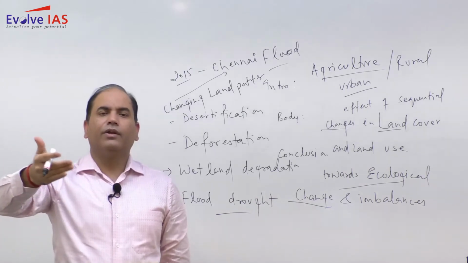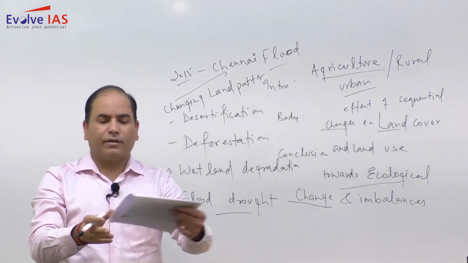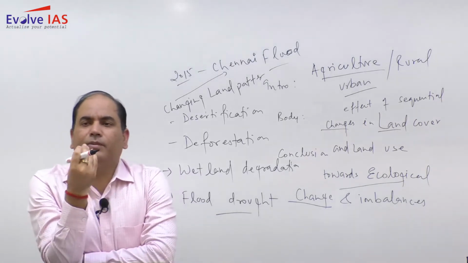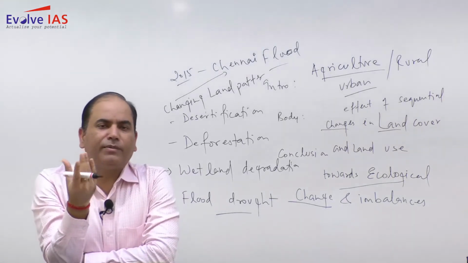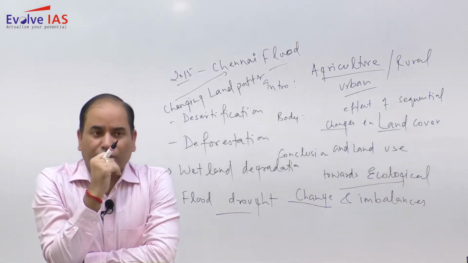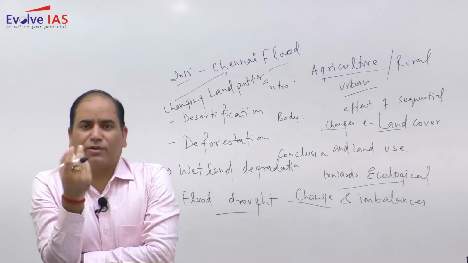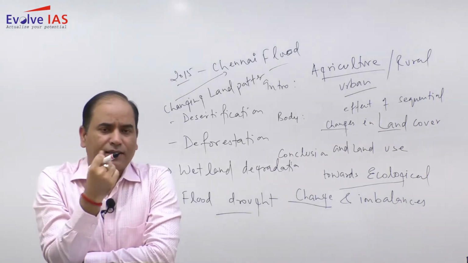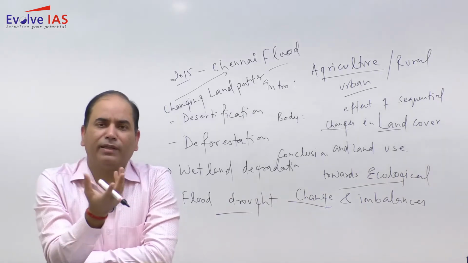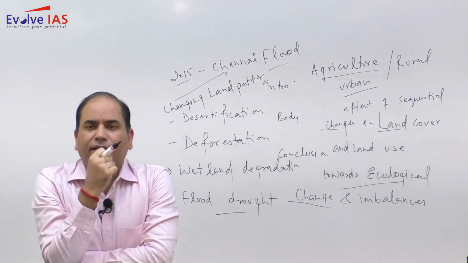Think about why people in urban areas, be it Mumbai, Delhi, or Chennai, are encroaching on land. Yes, one aspect is that the rules are not being followed. There is an allegation of corruption, a nexus between the realty sector and the government.